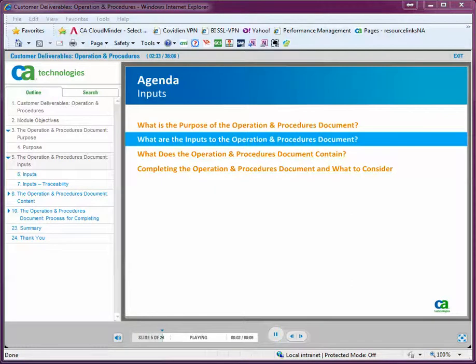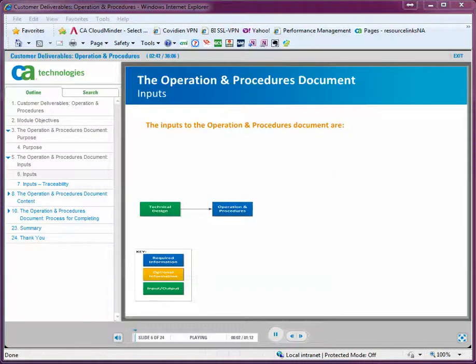Now we'll take a look at the inputs into what it takes to put the Operation and Procedures document together. The technical design document, along with the build and integration document, are inputs for the creation of the Operations and Procedures Guide. This document describes in detail the steps that are taken to deploy the solution in a customer's environment.